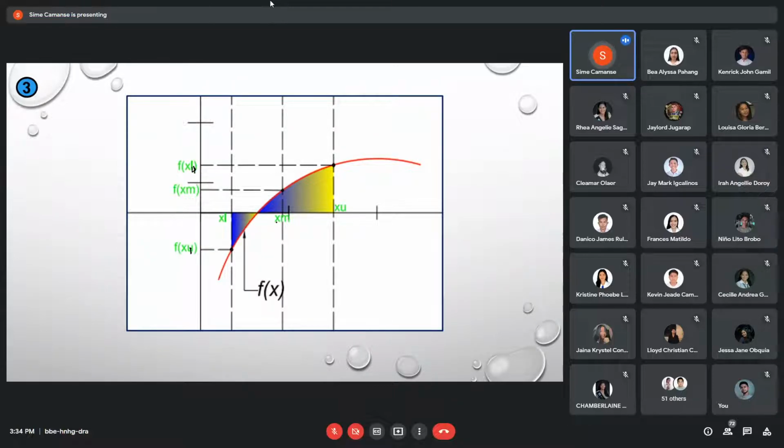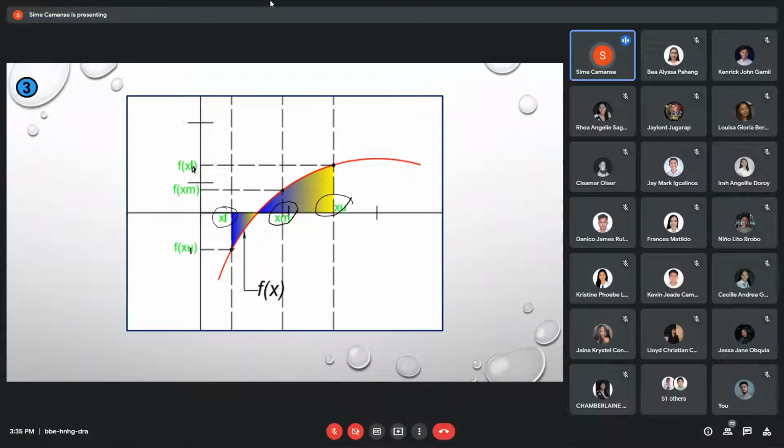How do we get the midpoint value? You take xl plus xu, divided by 2, and you will have xm. So you are trying to reduce the interval in which you are guessing.